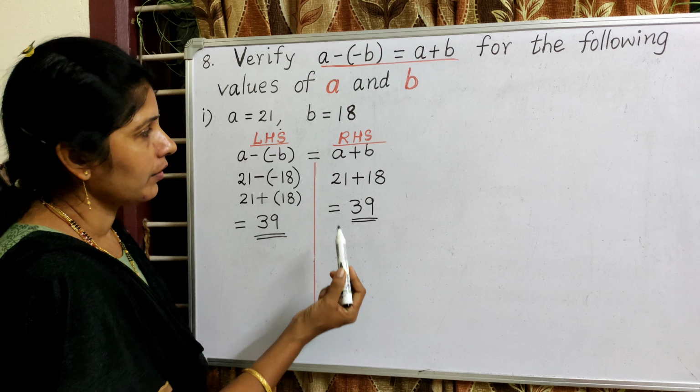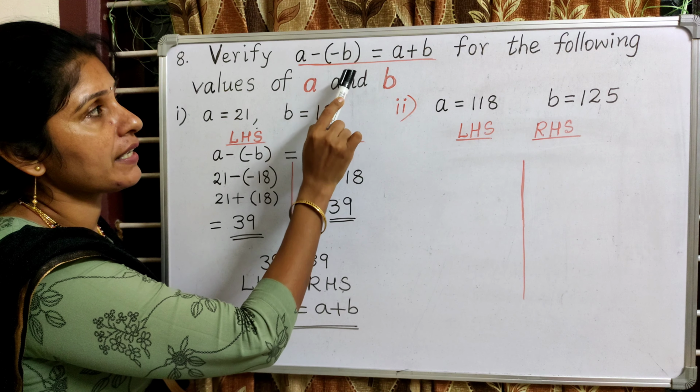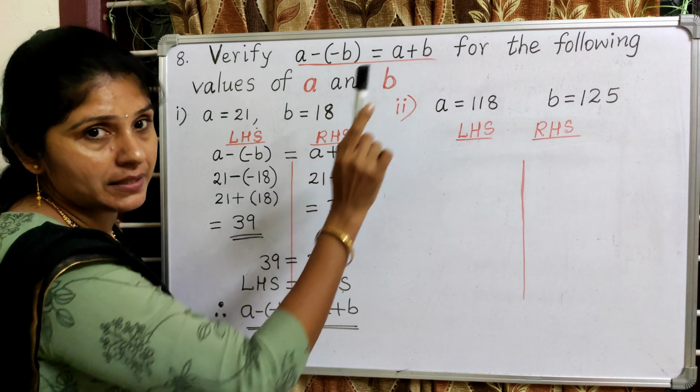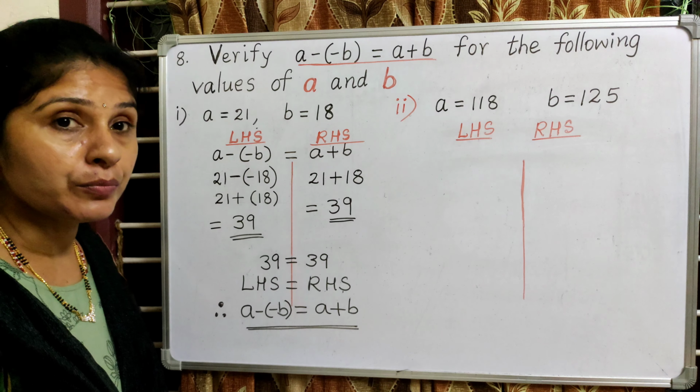Next question is A is equal to 118, B is equal to 125. By using these values, we have to verify is it A minus minus B is equal to A plus B. Write the formula.